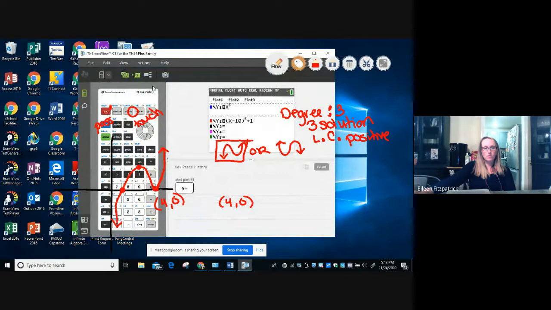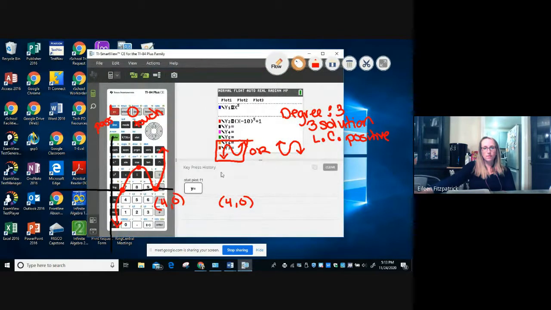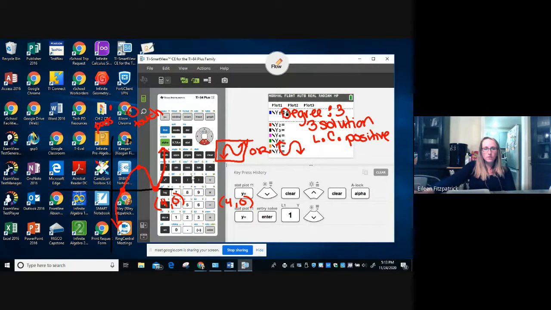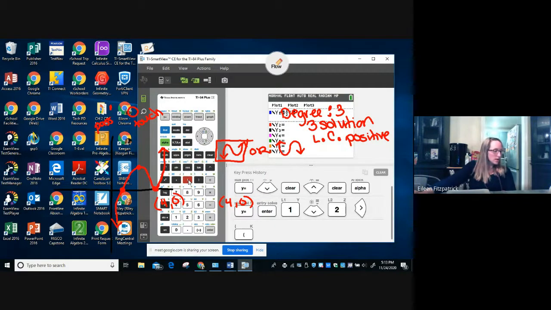Okay, so I'm going to plug in that function that we have. Clear this. There we go. So I have y equals 1/2, and then parentheses, x minus 1, I think it is, if I remember correctly, and then x minus 4 squared.